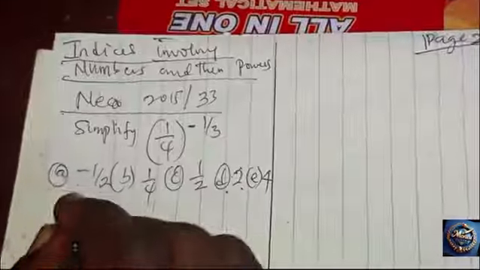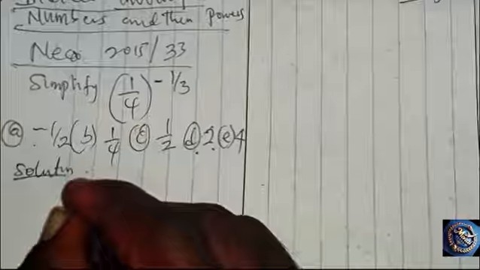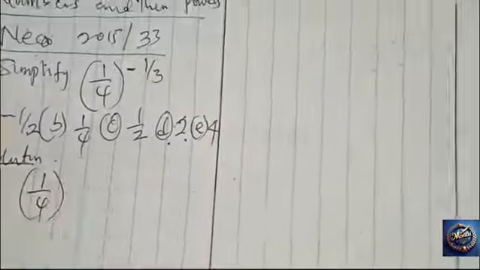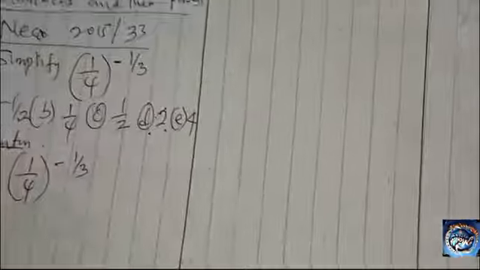Let's now go to the solution. So we have 1 all over 4 raised to the power of minus 1 all over 3. There are several ways of solving this.